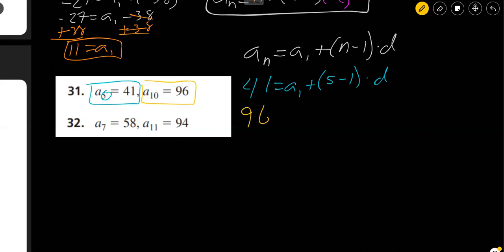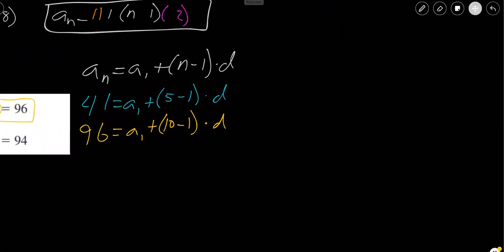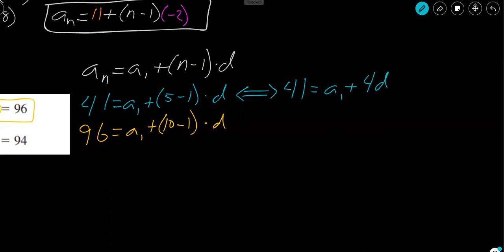That's going to be 96 for A10 is equal to A1 plus my position value, 10 minus 1, times d. All right, that's kind of messy. Let's go ahead and simplify. So it's still going to be equal to, well, I'll say these are equivalent since I'm doing both sides of the equation again. 41 is equal to A1 plus 5 minus 1 is just 4, and then 4 times d is 4d.